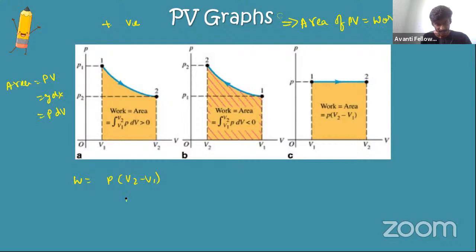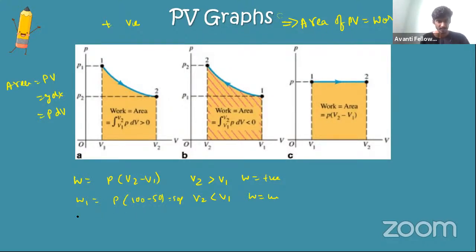If the final volume is greater, if V2 is greater than V1, work done is positive. If V1 is greater than V2, that means V2 is smaller, the final volume becomes smaller, then work done is negative. Work done is negative, because imagine in case number 1, pressure into (100 minus 50), you get 50 P.